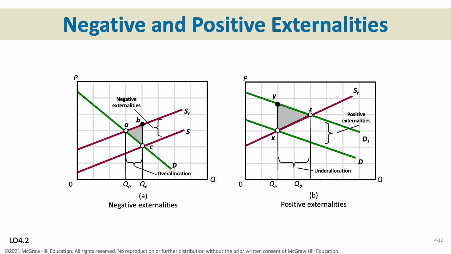So equilibrium output is greater than the optimal output. Optimal output here is QO, or point A, equilibrium output QE, or point C. So actually, equilibrium here isn't the true optimum output because the people making this product aren't paying the full price of production, or what it costs society. So the actual goal here is to make the cost more expensive, so we move from point C to point A, that optimum quantity.